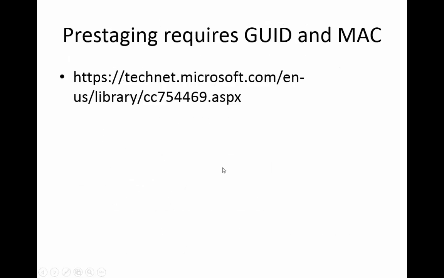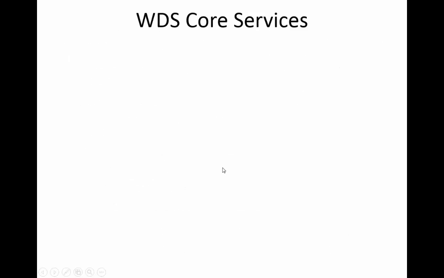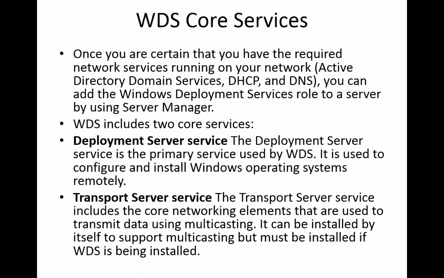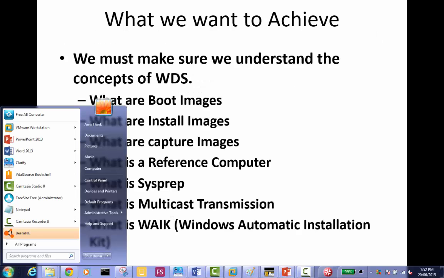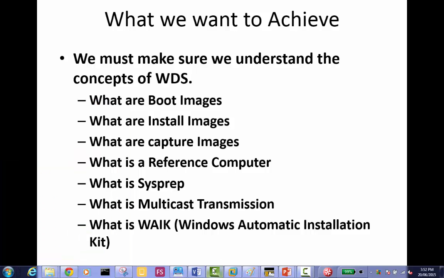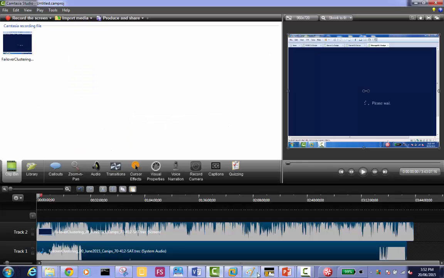Let's start the lab and go through all these services. When we go step by step with the configuration, all these terminologies will come, and I will explain them during that. So we should have enough time to complete the labs.